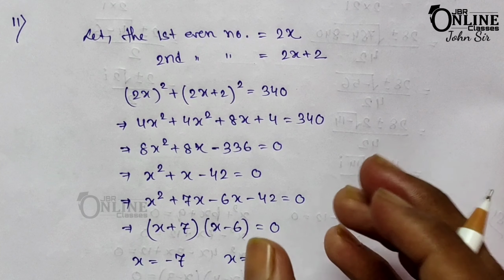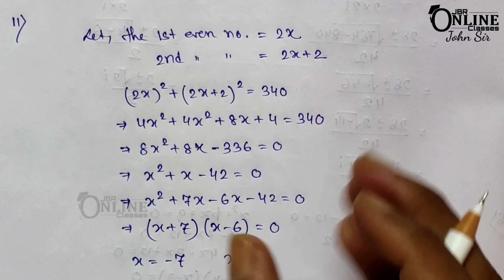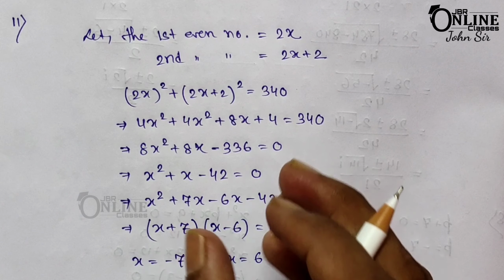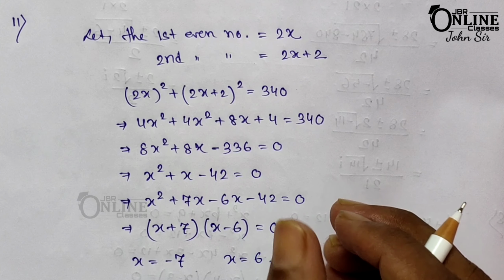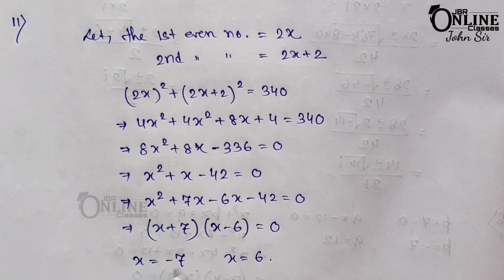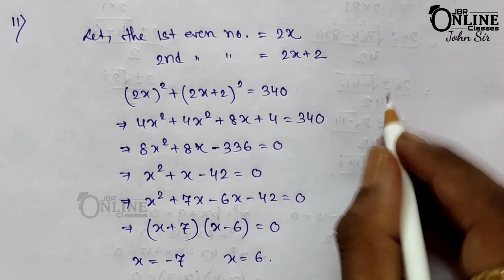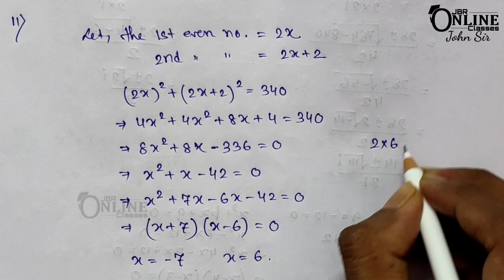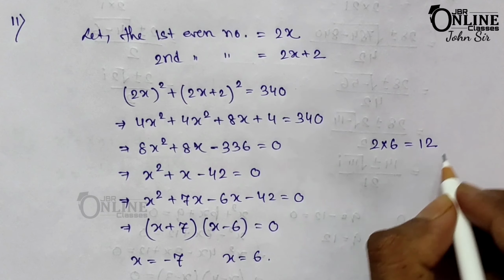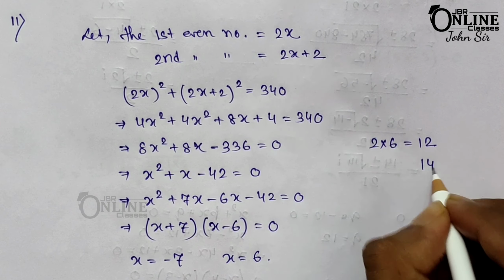Now, the problem says the number is a positive even number, that means x is not equal to minus 7. So your answer is x equals 6, and as the first even number is 2x, that means 2 into 6 equals 12, and the second one will be 12 plus 2, which is 14. So 12 and 14 is your answer.